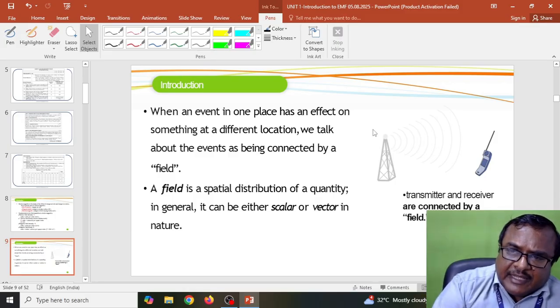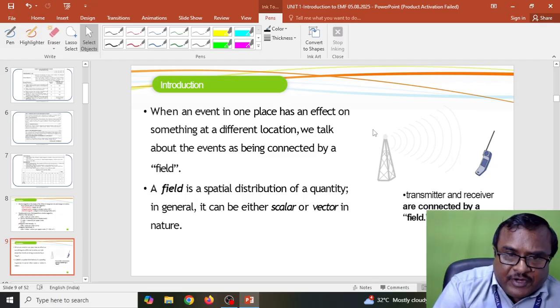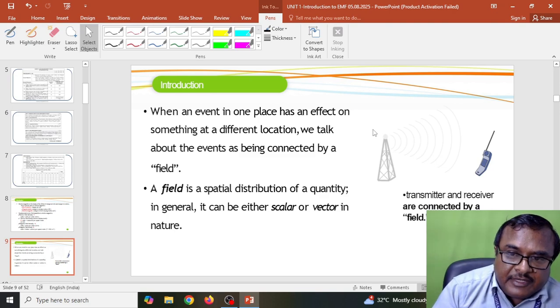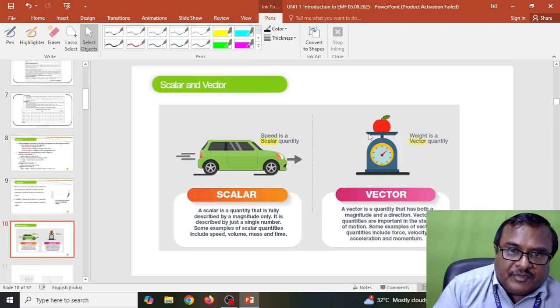The transmitter at the sending end and the receiver at the receiving end are connected by a field. A field is a spatial distribution of a quantity. In general, it can be either scalar or vector in nature.